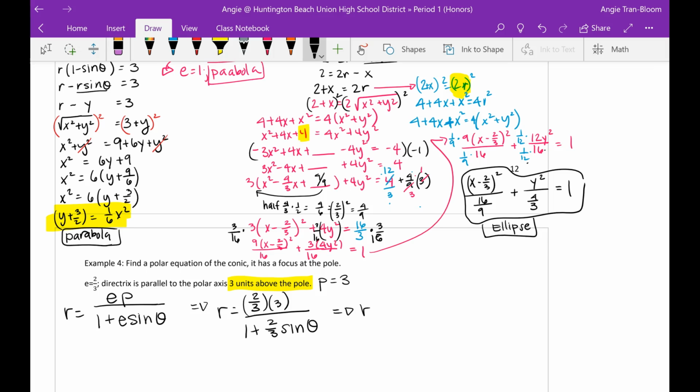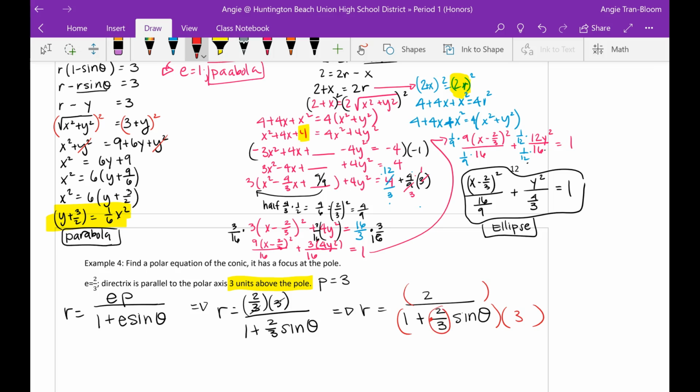When I multiply this, you can see on the top the 3's can reduce. So this is going to give me a 2 on the top. Then this is still going to be 1 plus 2/3 times sine of theta. But you can't have a fraction over a fraction, so we're going to multiply every single thing by 3, because I want to clear this fraction.